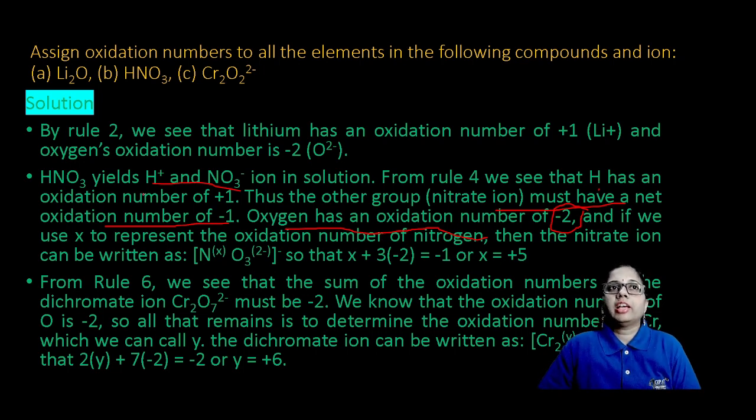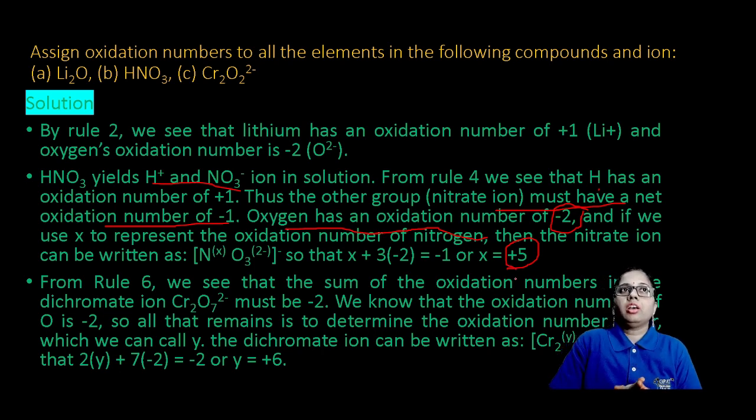That means HNO3 yields the oxidation number +5, right? Generally, to assign oxidation numbers to all elements, for each element you should know the oxidation state, how it is going to be converted into an ion, and whether a positive or negative charge is going to be there. So in HNO3, nitrogen is going to have the oxidation number of +5.